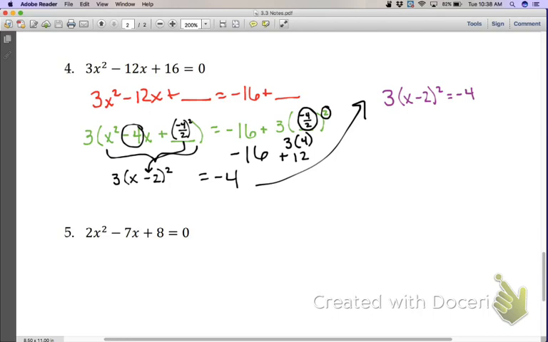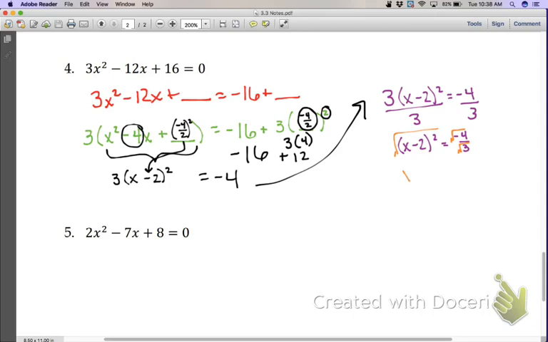So I'm going to divide by 3. So I have (x minus 2) quantity squared equals negative 4 over 3. So now I need to take the square root of both sides. Now if I do this, I'm going to take the square root of the top and the bottom.